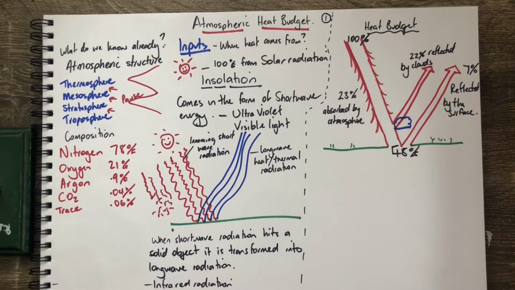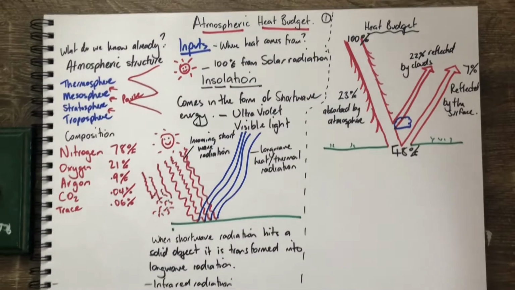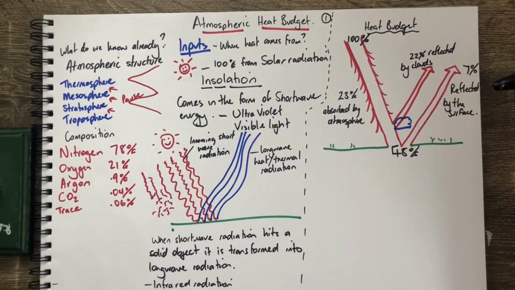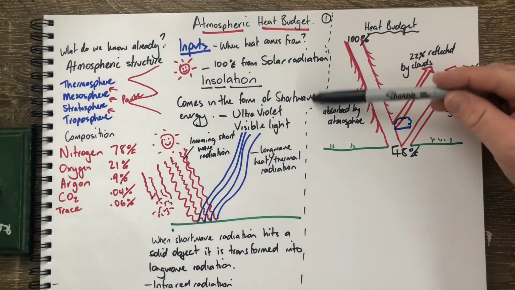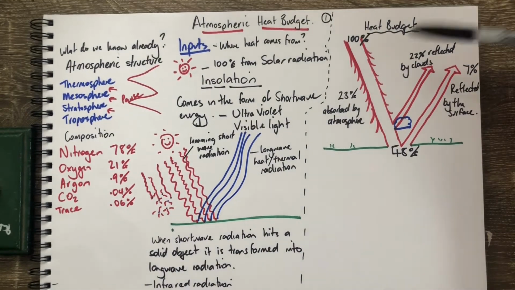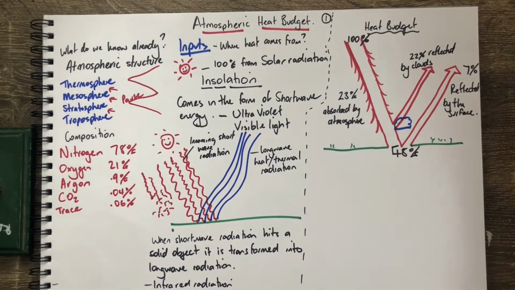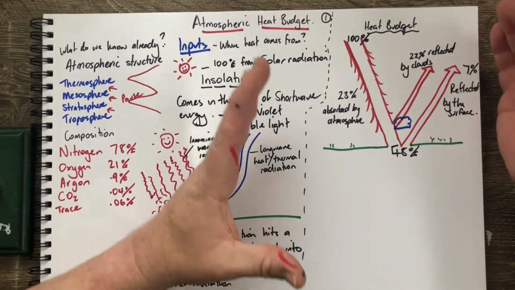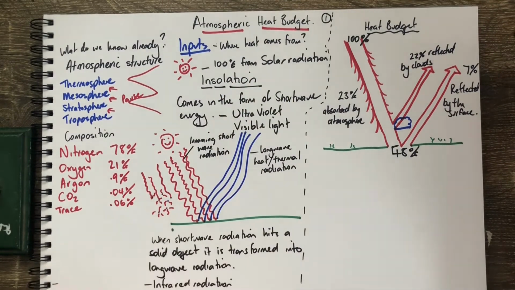If you lived somewhere like the Antarctic or the Arctic, where there's lots of ice, then a great deal more is going to be reflected by the surface. Conversely, if you lived somewhere where there was a great deal of volcanic activity, quite a lot of it is going to be absorbed by atmospheric particles. So this is a generalized heat budget. It is, I guess you could say, an average for the globe.